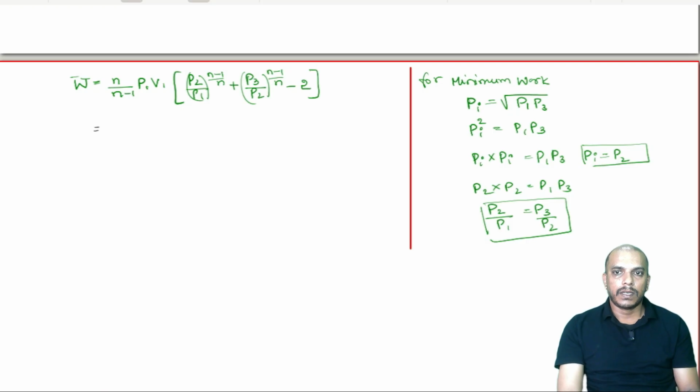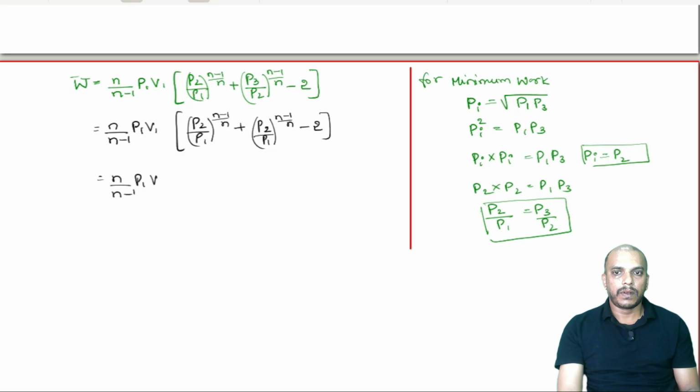So, we were writing this n by n minus 1 P1 V1. Now, we are saying that this P2 by P1, and this also we can write as P3 by P2, is equal to P2 by P1. So, this also can be written the same. Okay. Now, therefore, n by n minus 1 P1 V1 can be written as 2 times the pressure ratio between first and second, P2 by P1 whole power n minus 1 by n, minus 2.